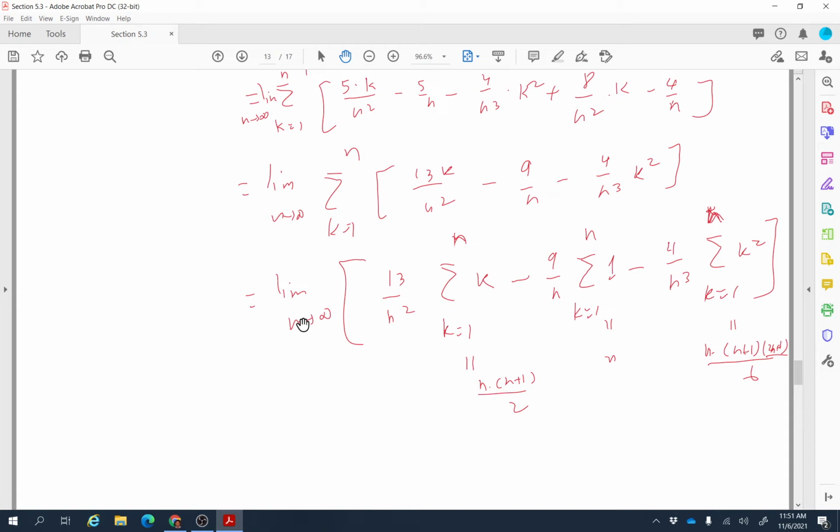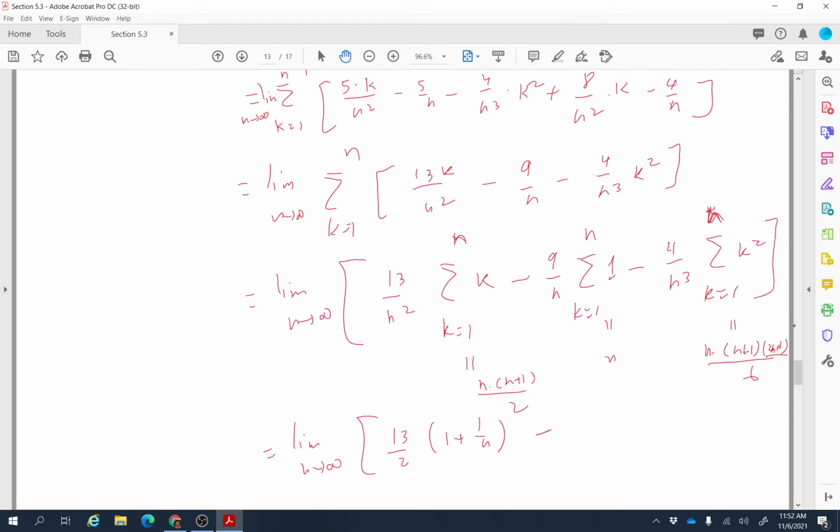after simplification this is what we are going to get: limit as n goes to infinity. Plug this value here, cancel the n and n, and then divide the inside by n. That eventually gives us 13 over 2 times 1 plus 1 over n.